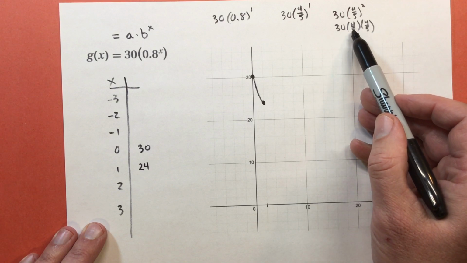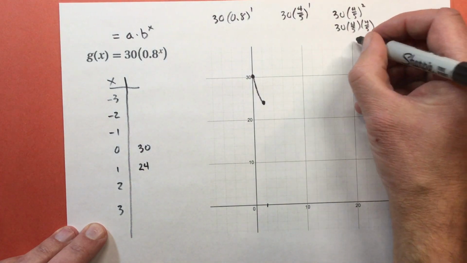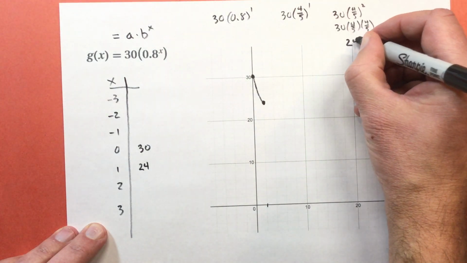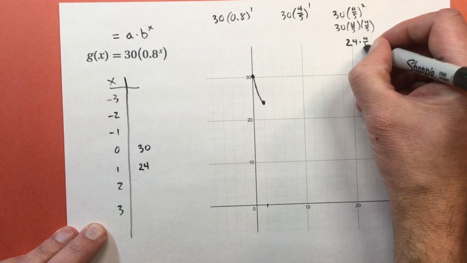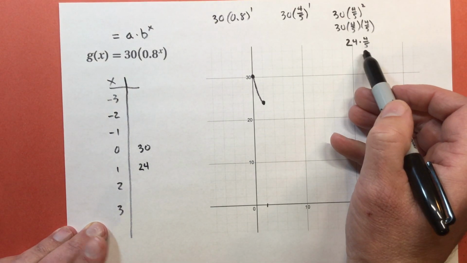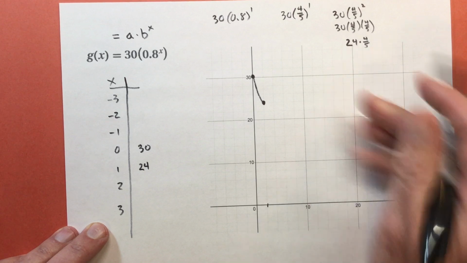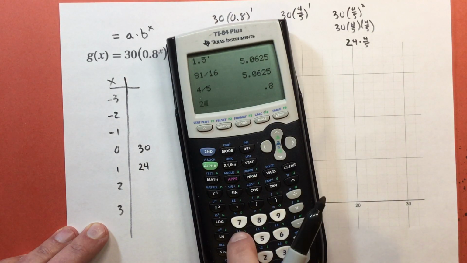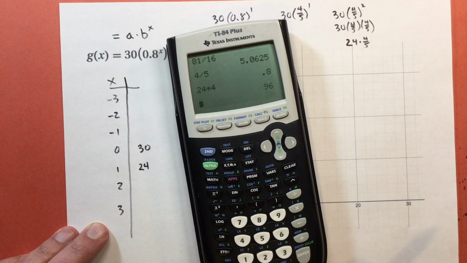I've got to double it. So if I think 24 times 4 over 5, now 24 divided by 5 is not gonna work, not like last time. So I can do 24 times 4 divided by 5, which is gonna give me 19.2, right?